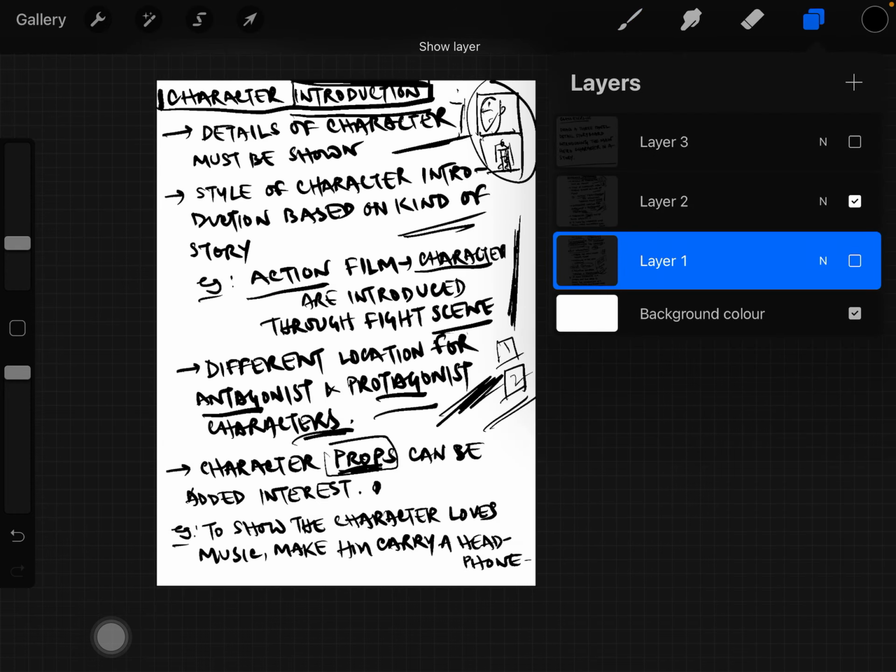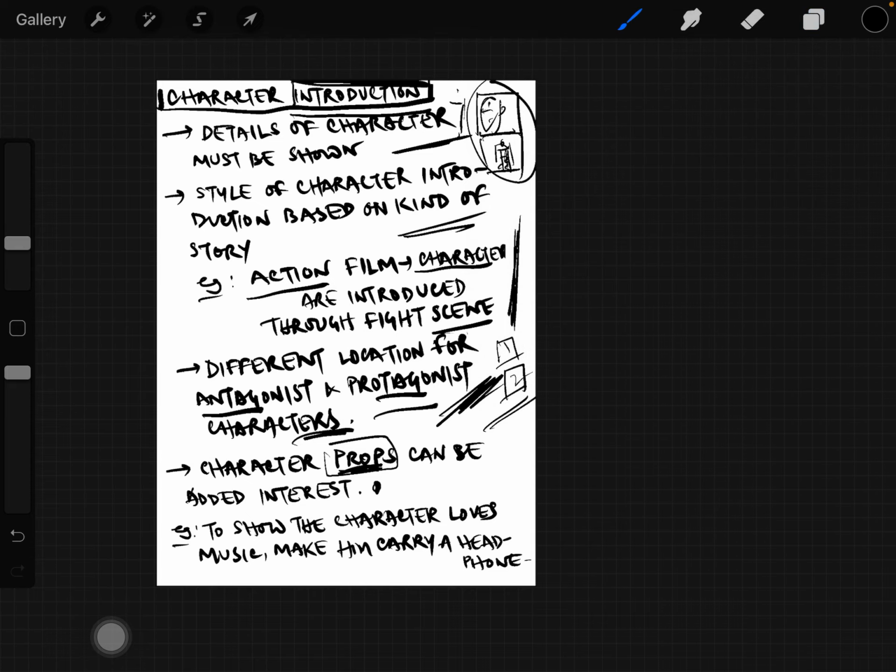With the location, important are characters, right? Introduction of the characters is based on what kind of story you are telling. So if in an action film at the beginning you show the character in a thrilling or action-filled situation or in a fight scene or whatever, right?